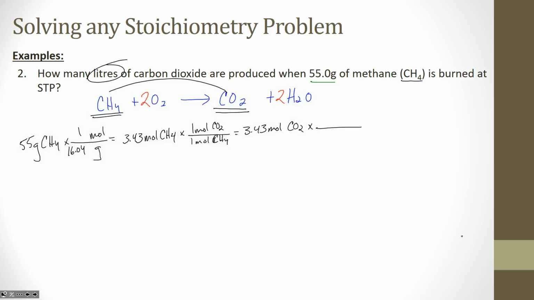So I'm going to get rid of moles and put liters in its place. And again, we know that 1 mole of any gas takes up 22.4 liters of space. So this would be 76.8 liters of carbon dioxide. So that would be the volume from burning only a little 55 grams worth of methane. You get 76 liters of carbon dioxide gas.